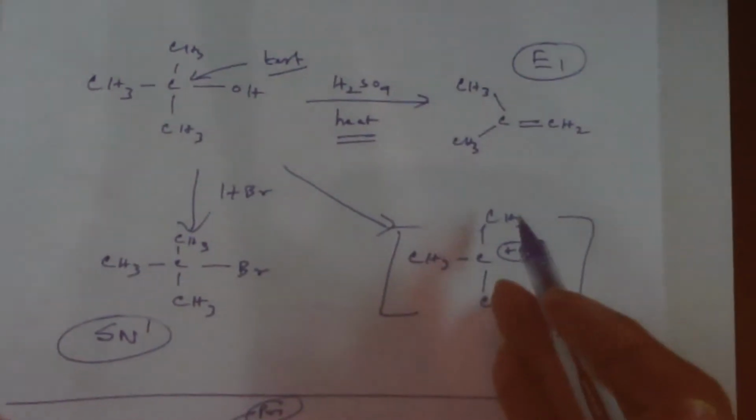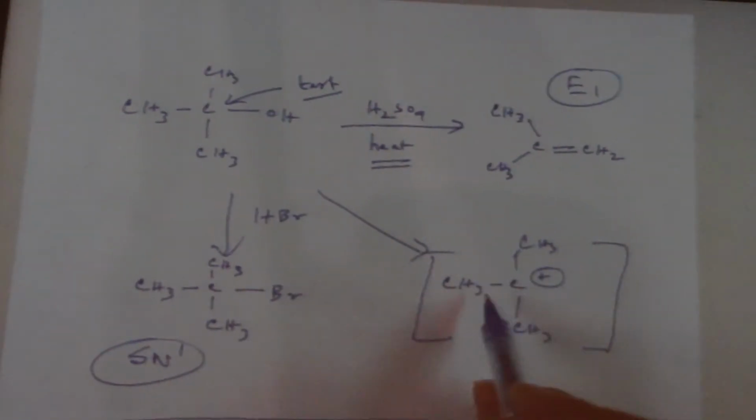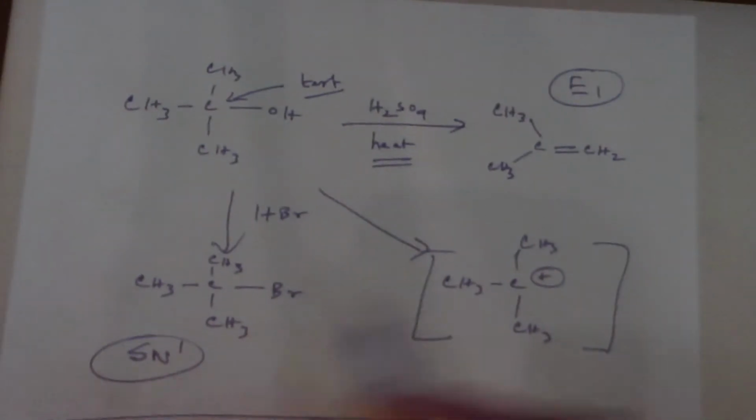It's very critical to understand how this reaction proceeds, and we already described what the intermediate is and how it proceeds in terms of the rate expression. The rate is determined by the slowest step in the process, and then that gives rise to the product depending on the E1 or SN1 pathway. So they both have the same intermediate.